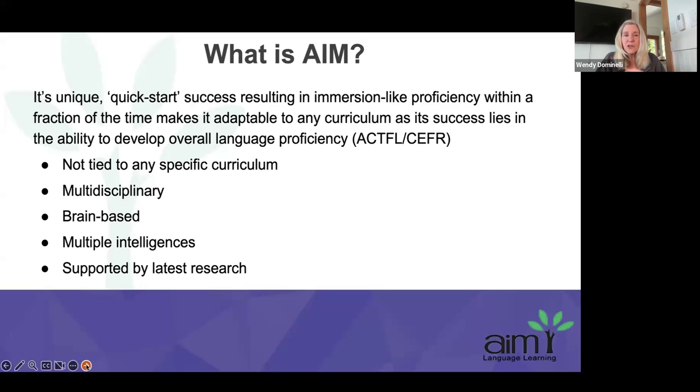And so in developing AIM, I didn't tie it to any specific curriculum. However, I have curriculum documents. We have them on our website that link AIM and our outcomes to the provincial outcomes in Canada. AIM is a multidisciplinary approach. Being a former immersion teacher, I realized the value of teaching language through another subject area.